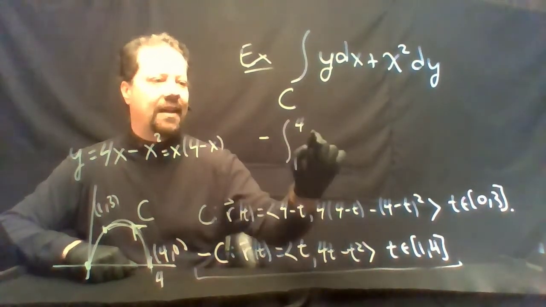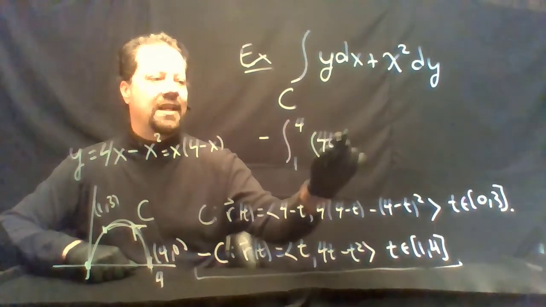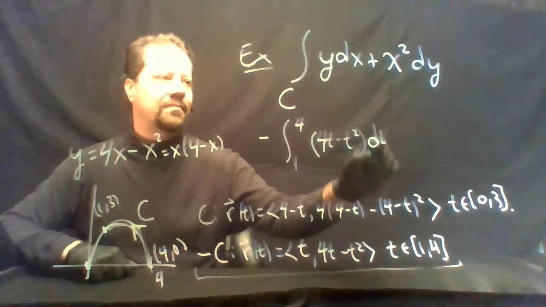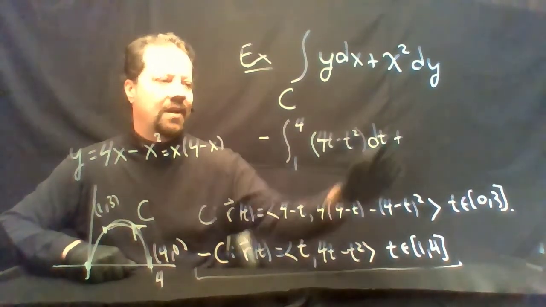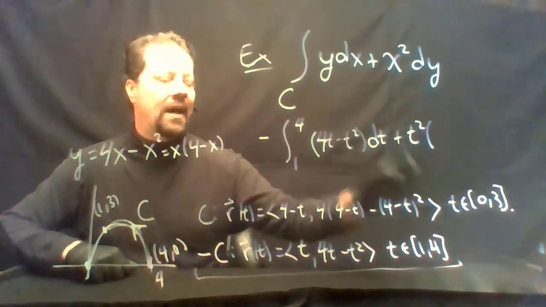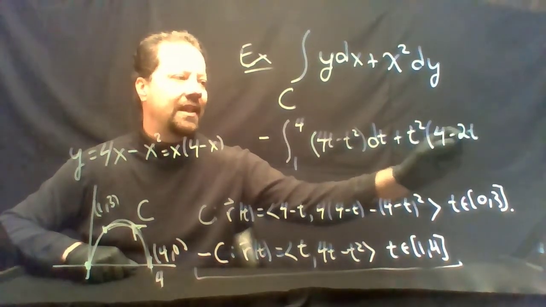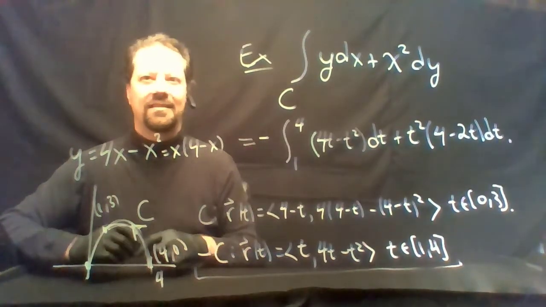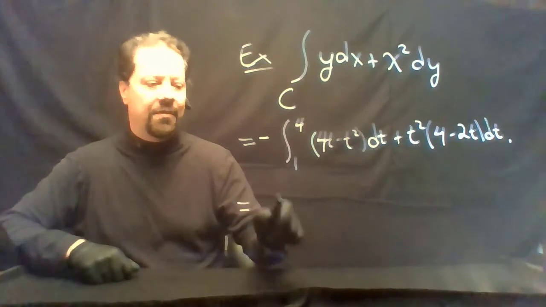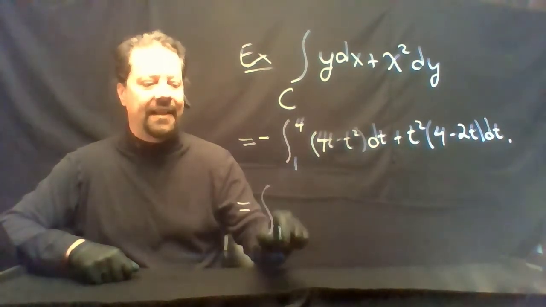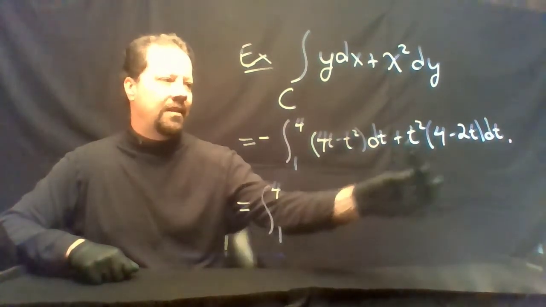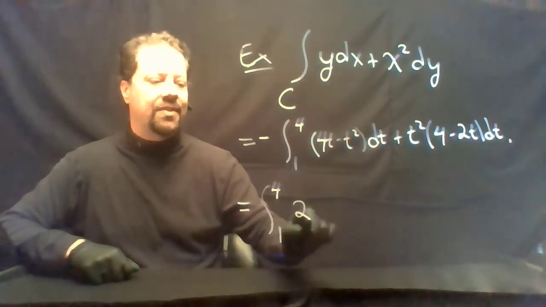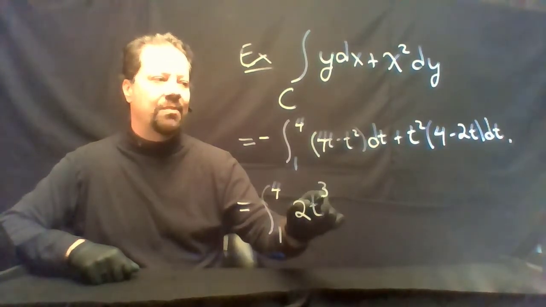On this curve, y is 4t minus t squared, and dx is dt. x squared will be t squared, and dy will be 4 minus 2t all times dt. We'll combine like terms before we begin, and we'll also distribute the negative. Here we'll have a negative 2t cubed times a negative gives us 2t cubed.